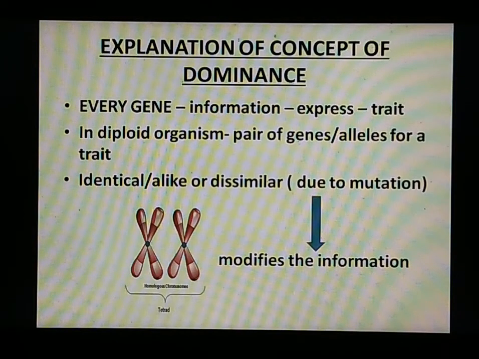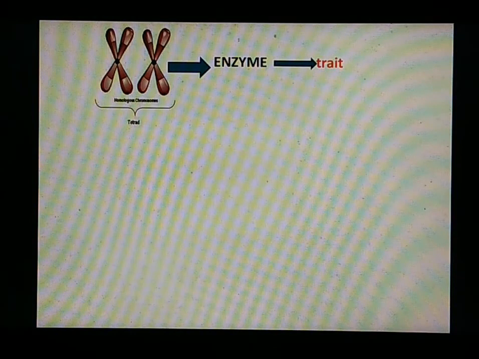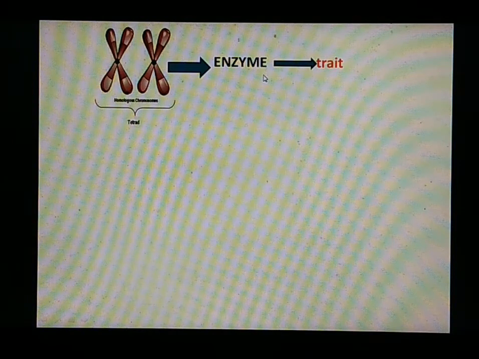For example, if we consider a gene, we'll take this gene or allele which is responsible for releasing an enzyme, and that enzyme will show a particular trait. Alleles are always in pairs on the homologous chromosomes. So this part of the allele or gene is meant for the production of an enzyme which will give a particular trait.